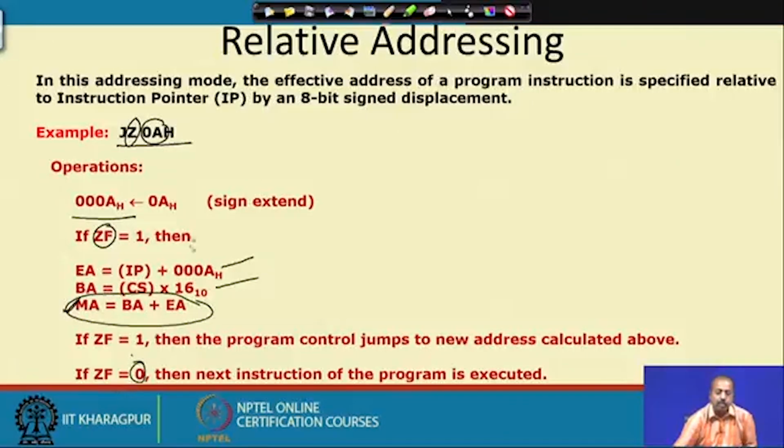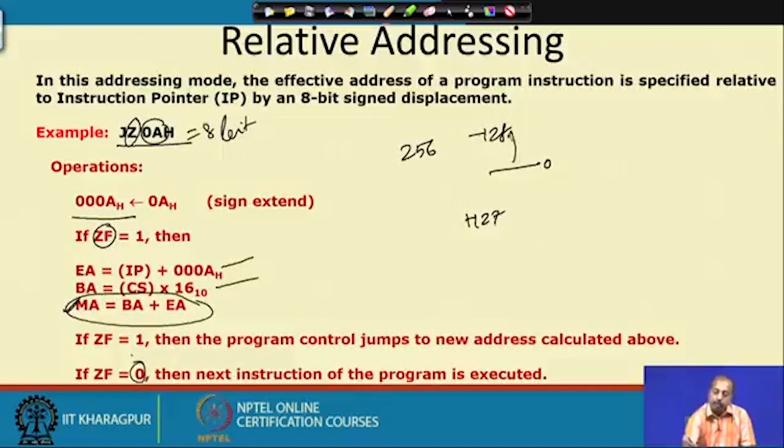One thing to note here is that the displacement that is specified is only 8 bit. That means you can do this relative jumping up to 256 locations, minus 128 to plus 127 from the current location. If this is the current location, this offset is 0.